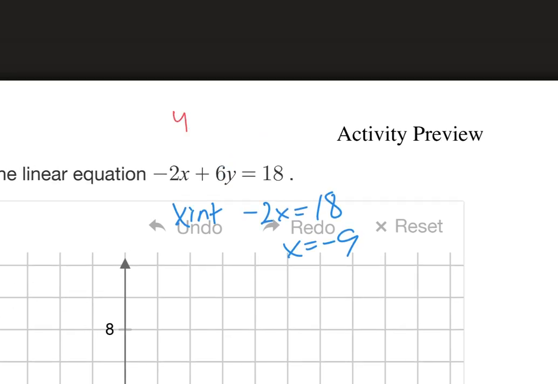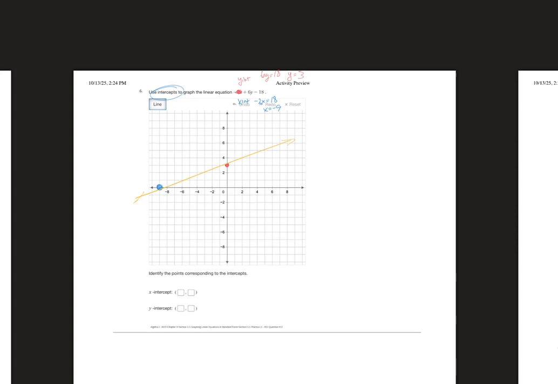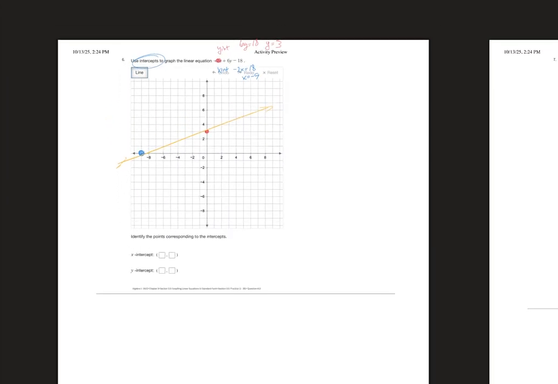The y-intercept happens here at 6y equals 18, or y equals 3, right there. Careful of the scale of the graph. They count by 2s, right? Here's our graph. Identify those corresponding points. The x-intercept, -9, 0. The y-intercept, 0, 3.